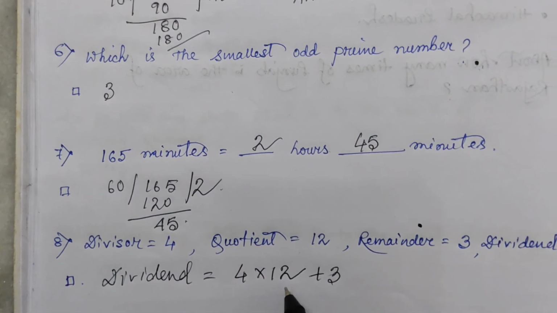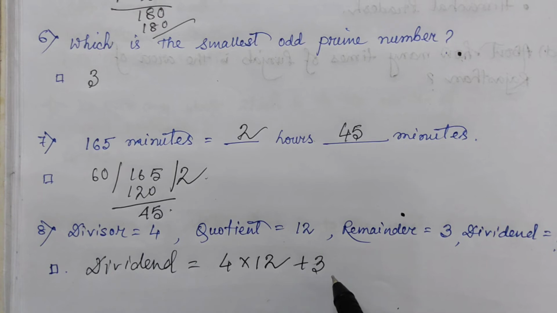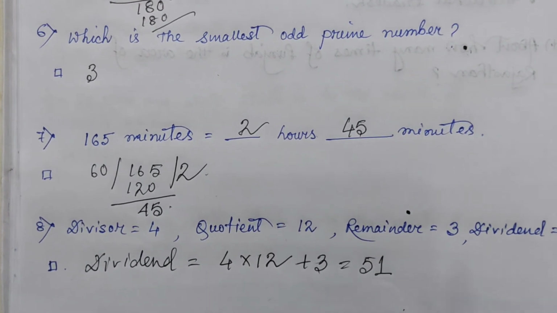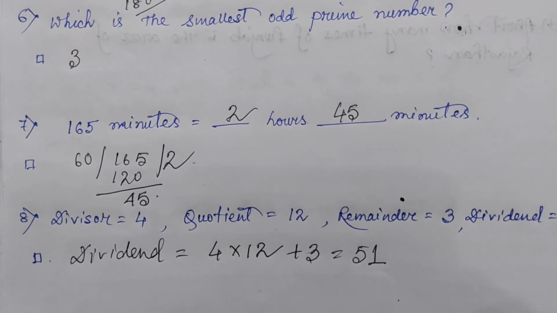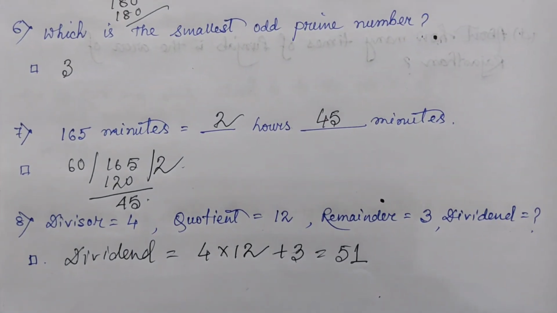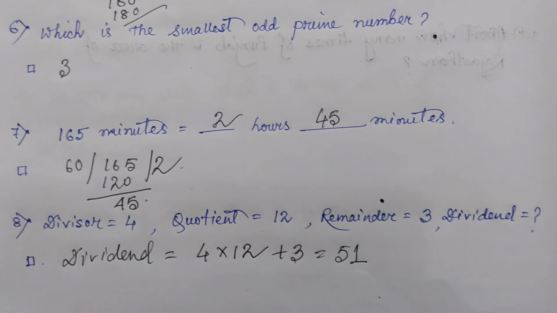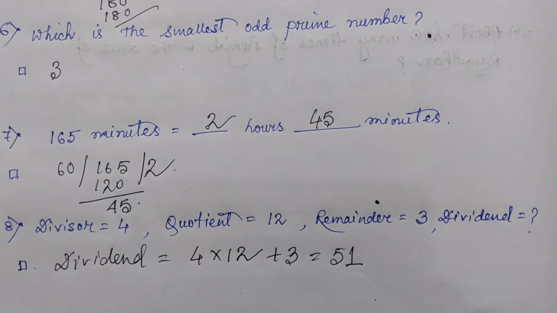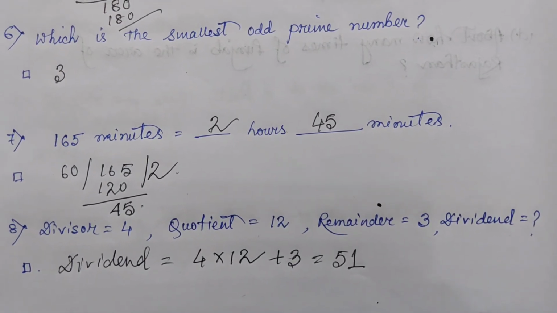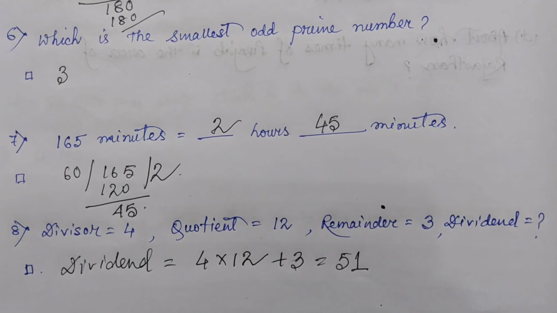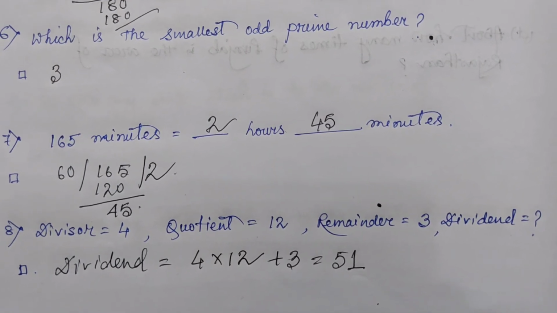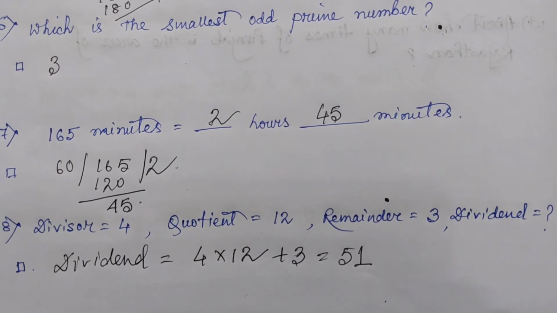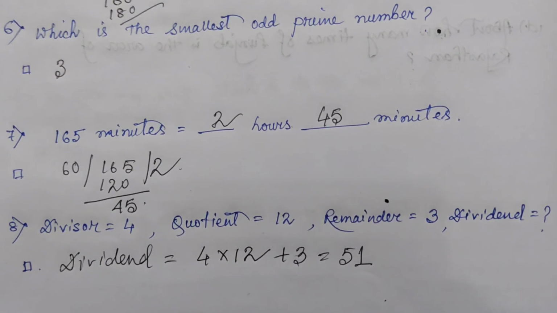So 4 12s are 48, 48 plus 3 is 51. So 51 is the dividend. Just remember the formula: dividend equals divisor into quotient plus remainder. So 4 into 12 plus 3 is 51.